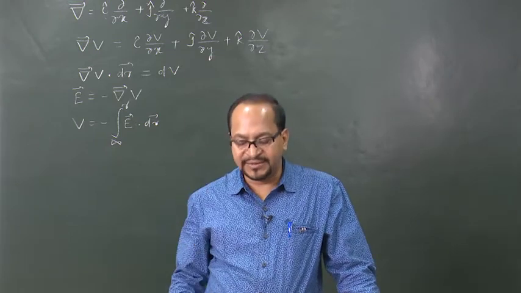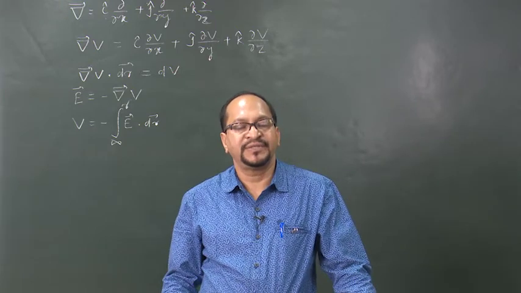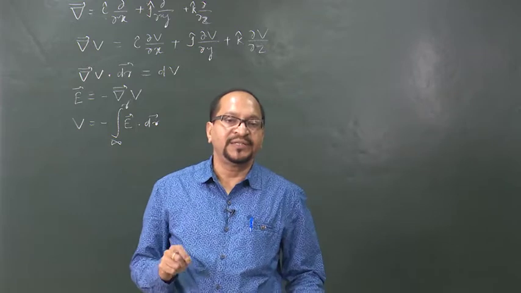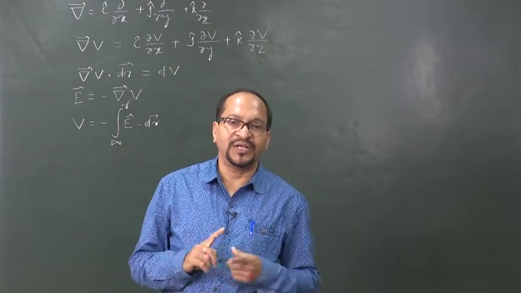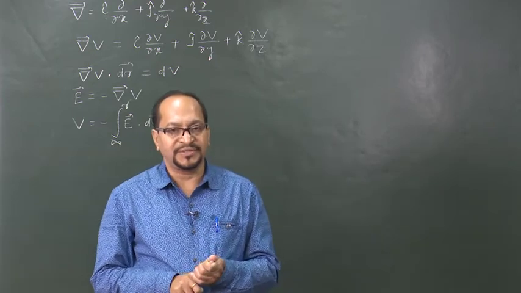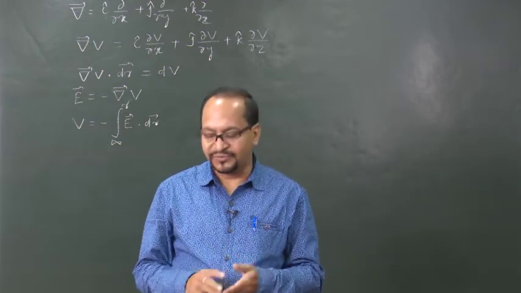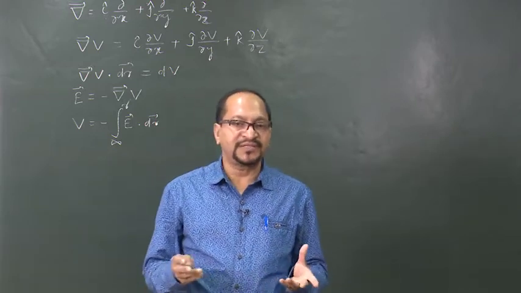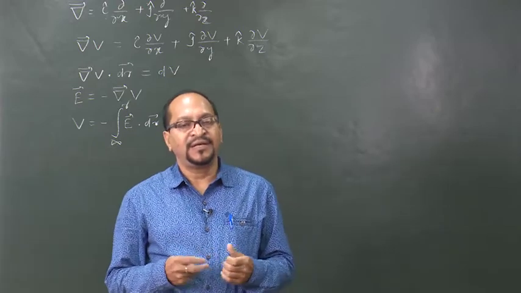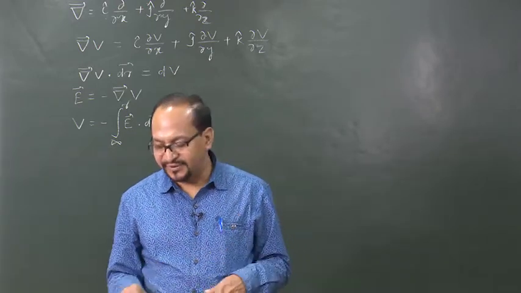If it acts through dot, then we call it divergence, and if it acts through cross, we call it curl. So, I will now introduce you to two more operations apart from gradient, that is divergence and curl. Obviously, as dot product is a scalar, divergence of a vector will be a scalar, and cross product is a vector, so curl of a vector will be a vector.